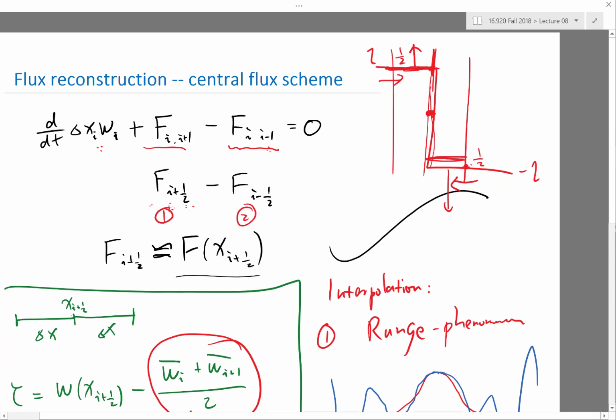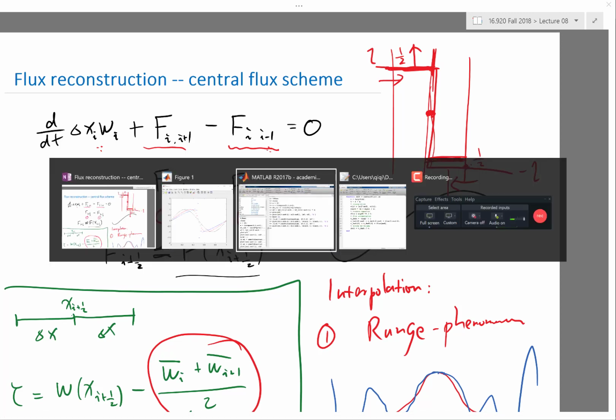If we evaluate the flux function on this cell and on this cell, we both get something close to half, right? So one of the insights in finite volume is that instead of approximating the solution and then computing the flux, it's a lot better to directly go for the flux.